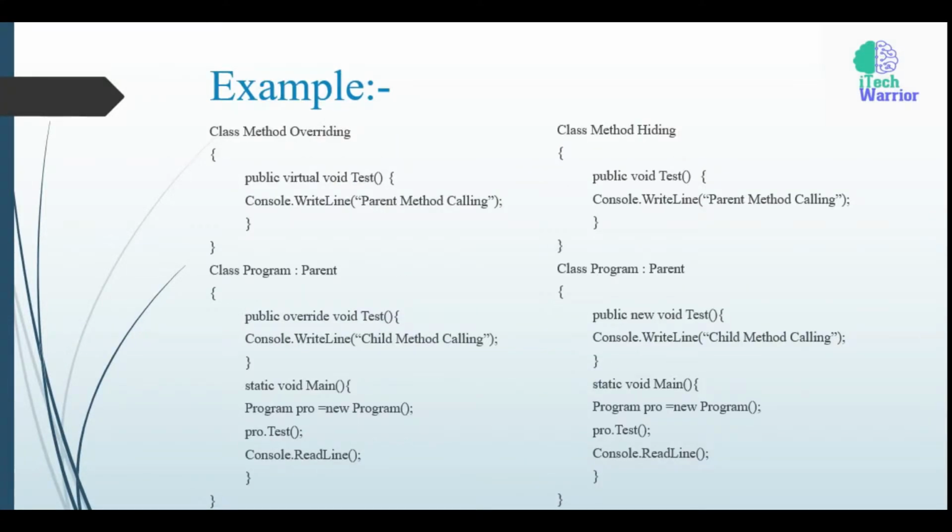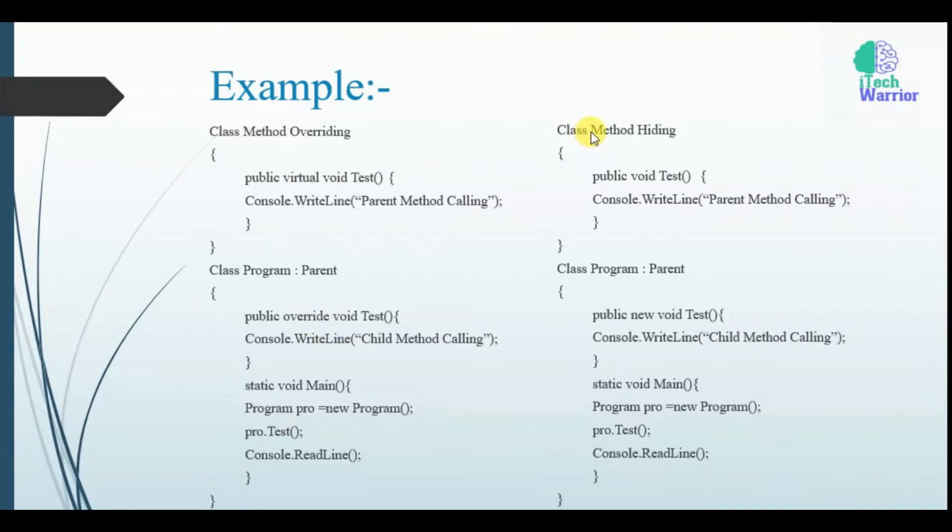Here you can see a small example of method overriding and method hiding. In method overriding, the parent class has a virtual method, and this method is overridden in the child class with the override keyword.